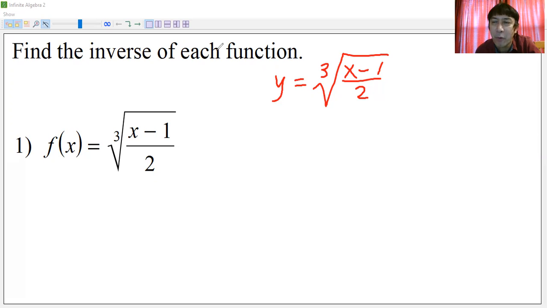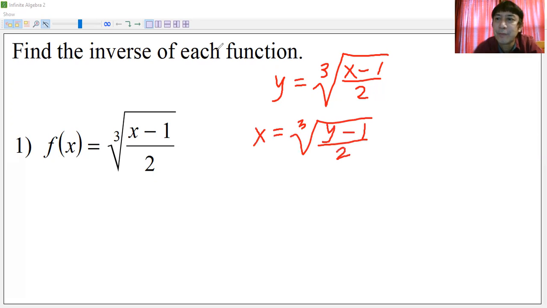X becomes y, y becomes x. So we'll do this like x equals cube root of (y minus 1) over 2. After which, we're going to solve now for y in terms of x.